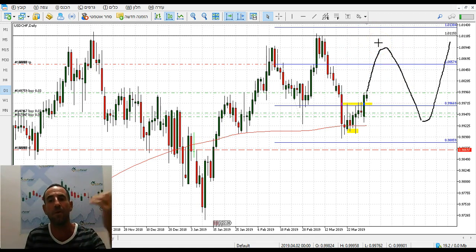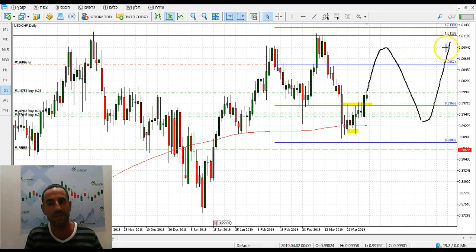However, I'm still going to go back to that same notion that once price breaks above, I think it's going to break above eventually. I do think it's going to take some time, but eventually it's going to break out to the upside.